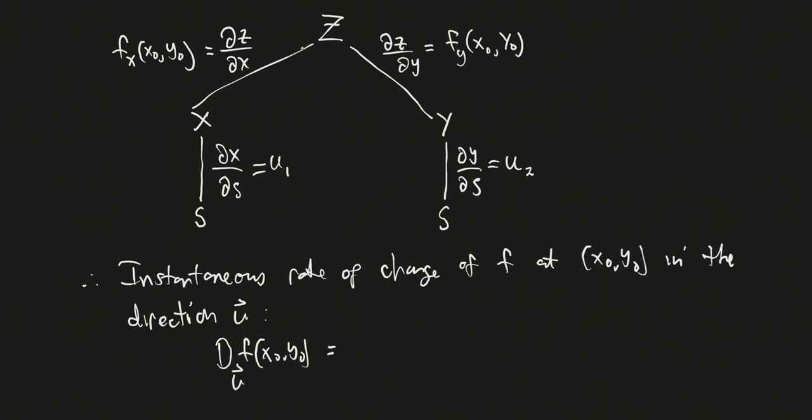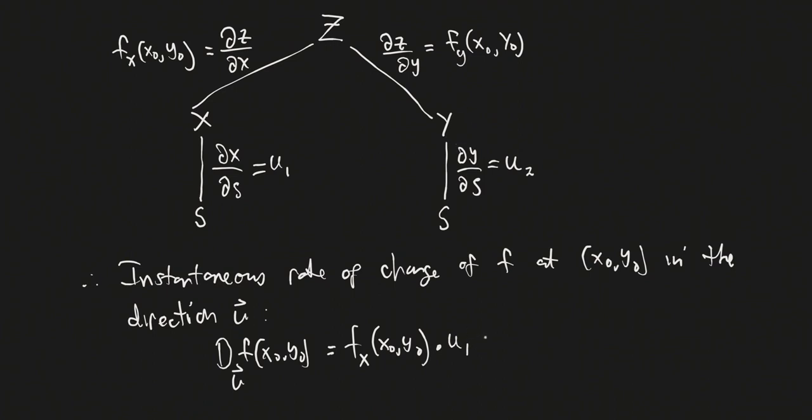So I would take this rate of change, which I'm going to write down as fx of x0, y0, and then multiply it by u1. That's what the chain rule says. I take this rate of change and multiply it by that rate of change. But then there's an alternative way that s can affect z, and that's through the y variable.